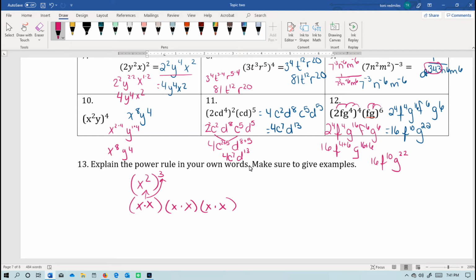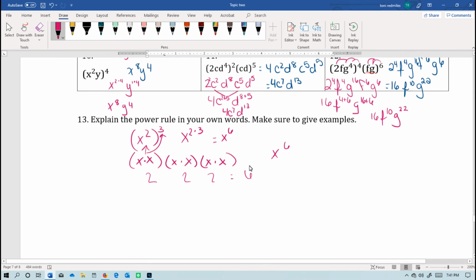But if I add everything up, I still have 6 x's, which is the same as if I were to multiply these two. All right? So the rule is faster than the modeling, but you can see from the modeling how they get it. You expand it and then resimplify it using the rule.